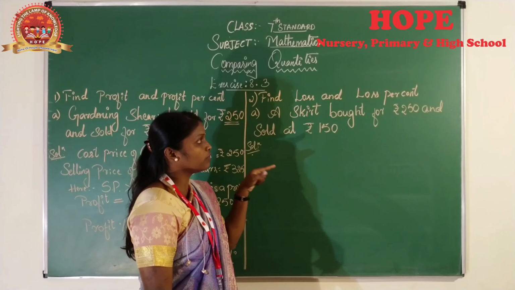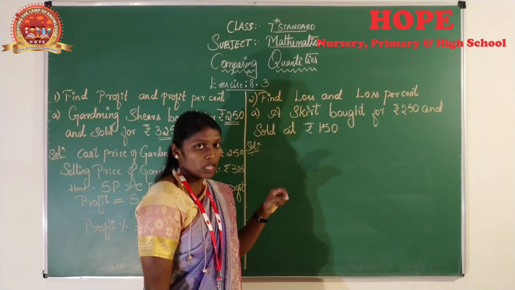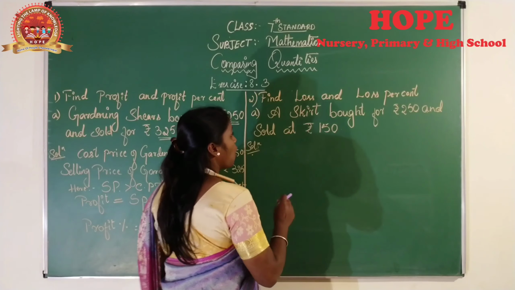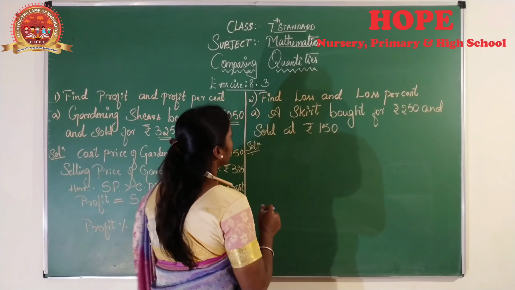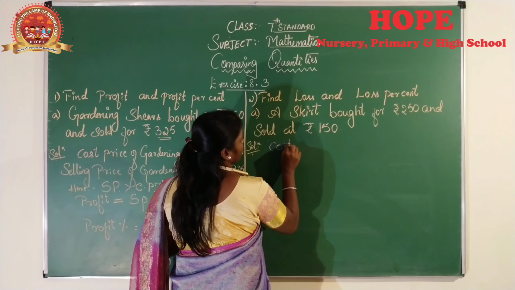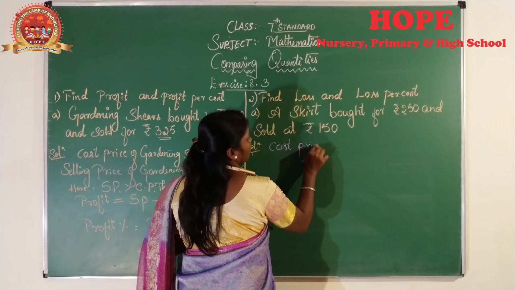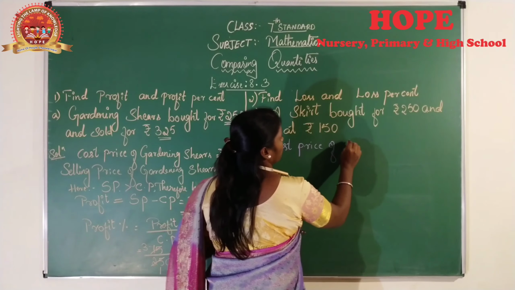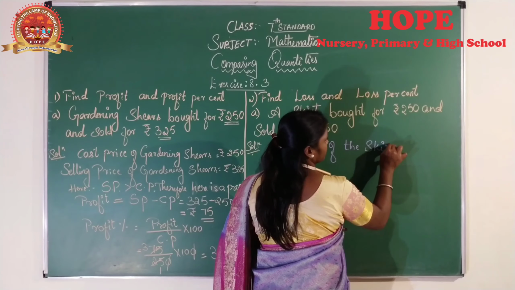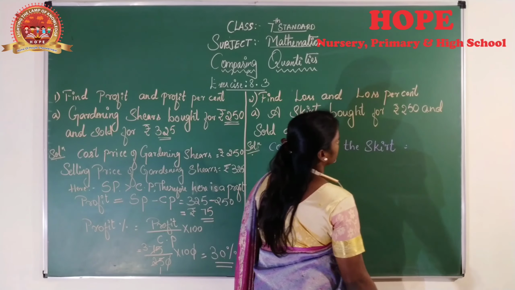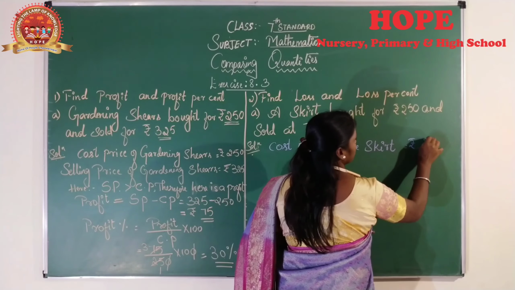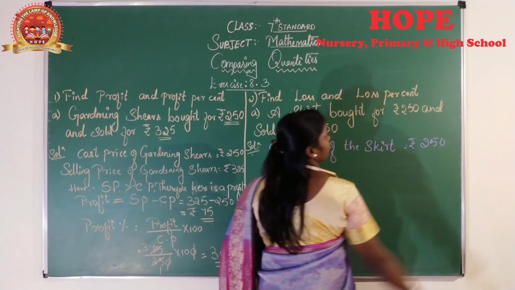By seeing this we can tell that there is a loss, but let me calculate it and come to a conclusion. How much amount is lost? The cost price of the skirt is rupees 250.